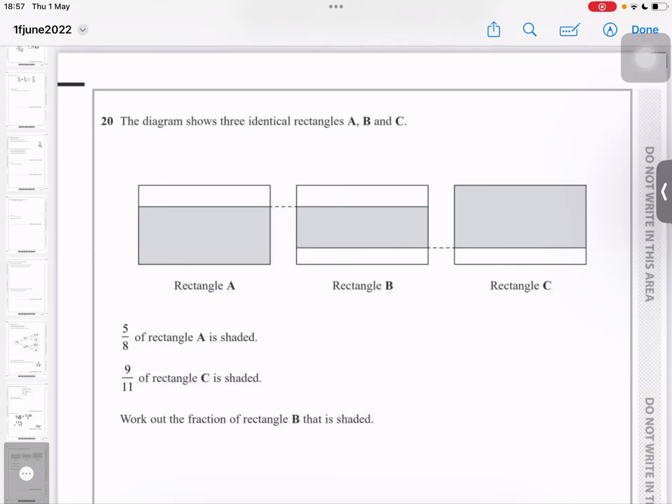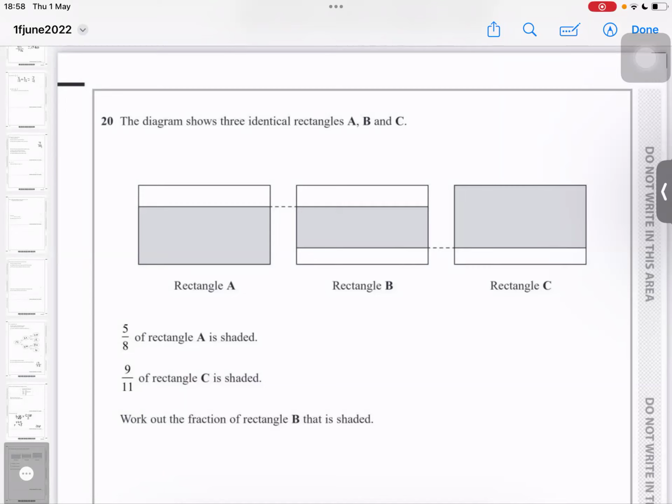Okay, so let's look at these guys very well. Rectangle A is 5 over 8 that is shaded, right? Yes. So the question now is this. That part that is not shaded, what do you think the fraction is for that part that is not shaded? The 5. What did you say?